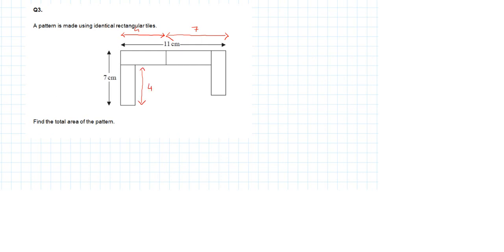So this part has to be 3. Each rectangle will be 4 times 3, which is 12. And 12 times 4 is 48. Now visually that's how it can be done.